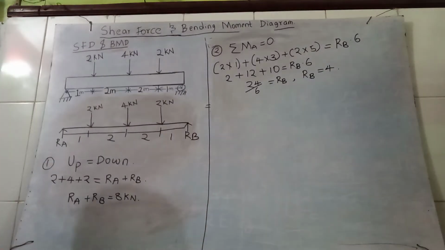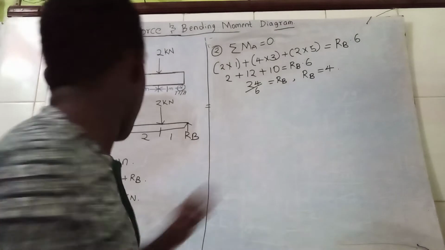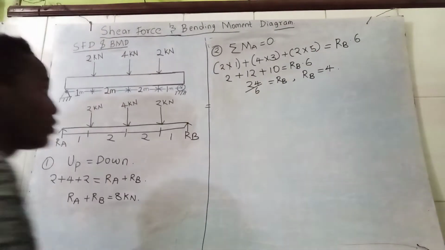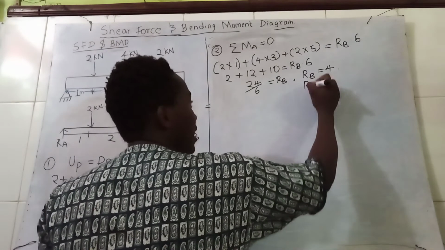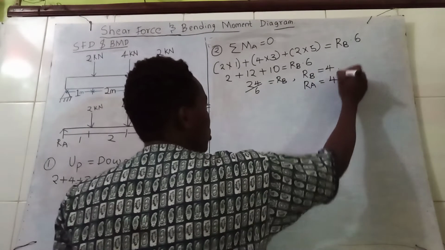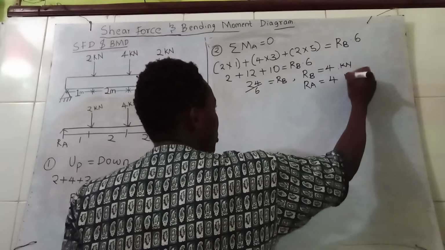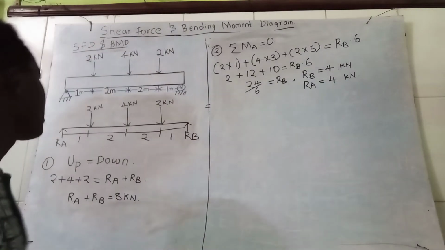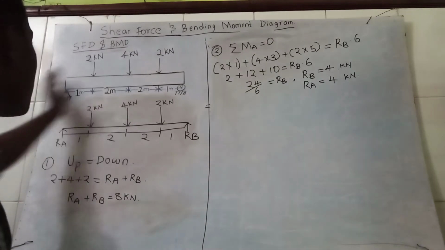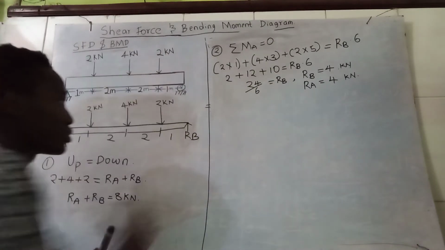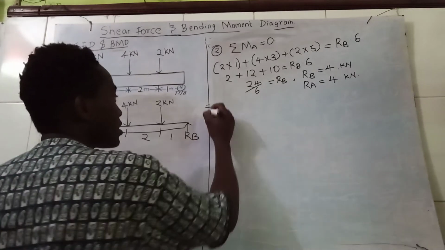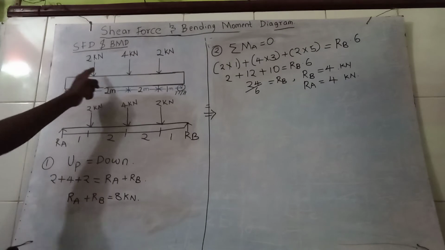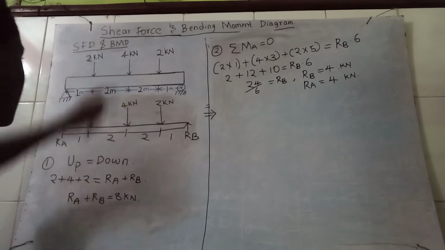Then back to this point, we said that RA plus RB is equal to 8. Since RB is 4, that means that my RA is also going to be 4 kilonewtons. Alright, so the next step, we are going to divide this rod into sections. So for the first section, I'm going to consider a section up to where the first force is acting.